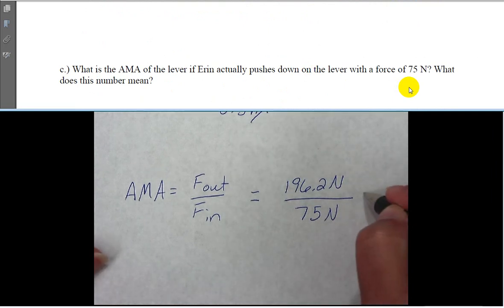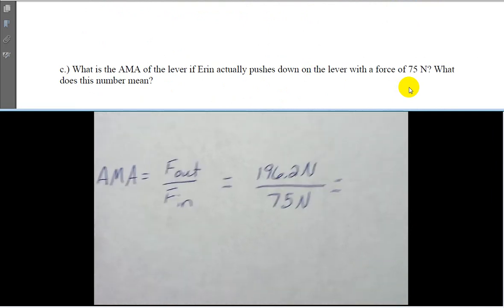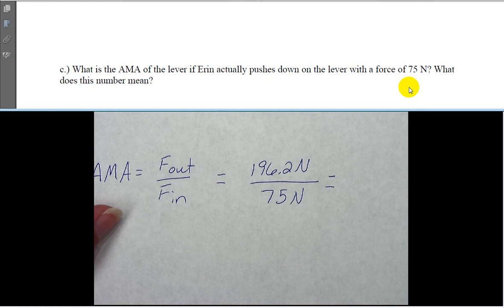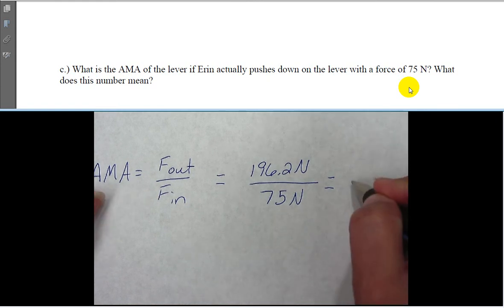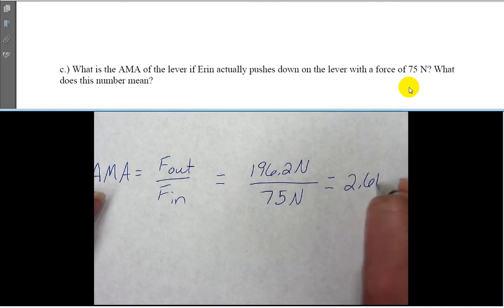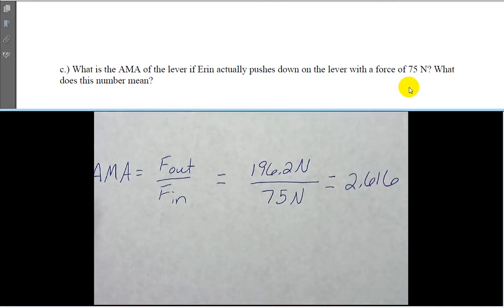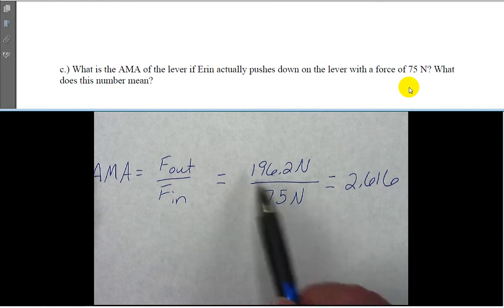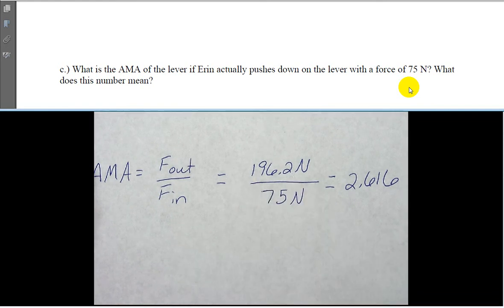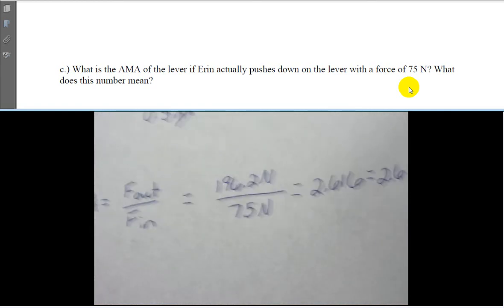So my AMA is 196.2 divided by 75, which is 2.616. In this case I have 2 significant figures, so I would have 2.6.